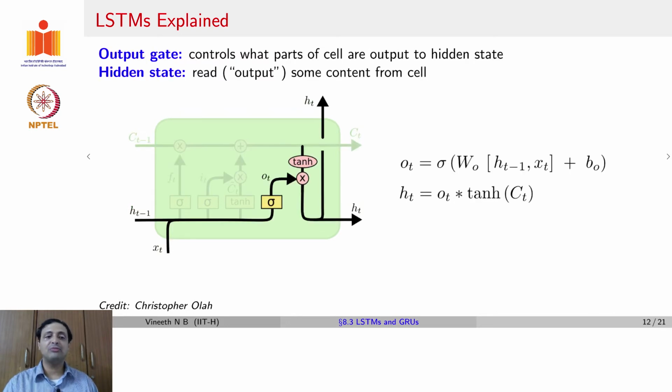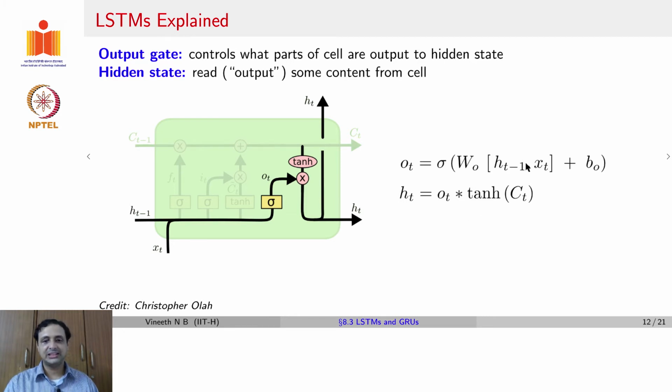Finally, you have the output gate which controls what parts of the cell state are provided as the hidden state, which goes to the next time step, and the output. So ot is another gate similar to the forget gate and the input gate.